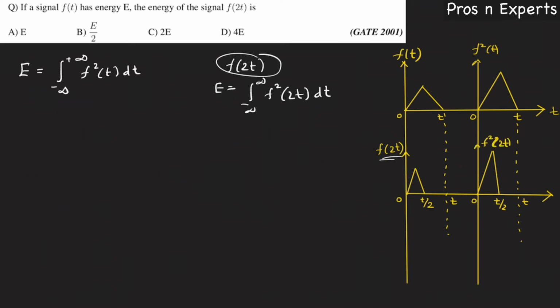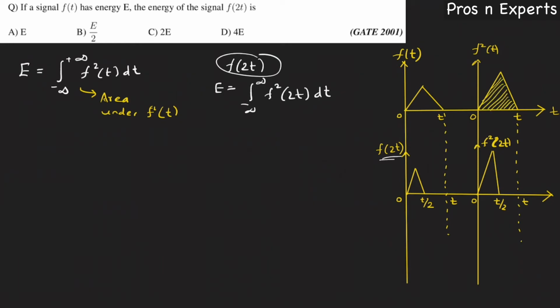Now finding the energy of f square of t and f of 2t. To calculate E, look at this equation. We have to find the area under f square of t, because the integral from minus infinity to infinity of some function dt is actually equal to the area of the graph. So the area under f square of t, I can denote by shading this graph.